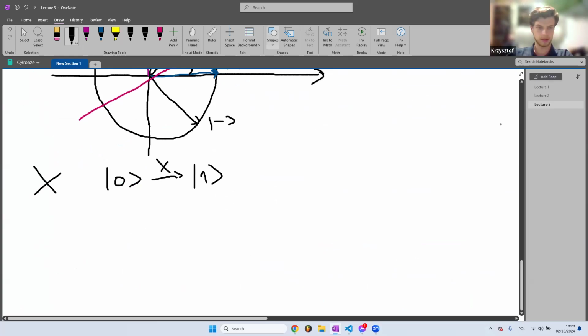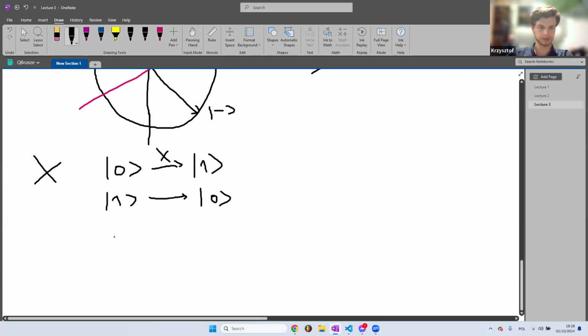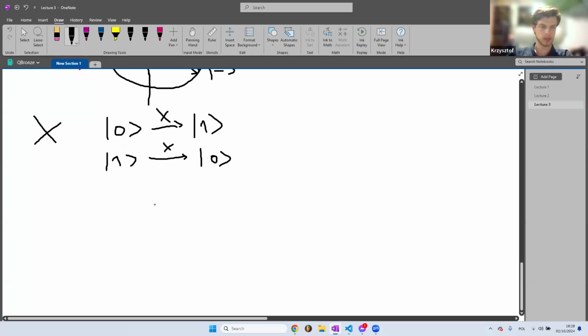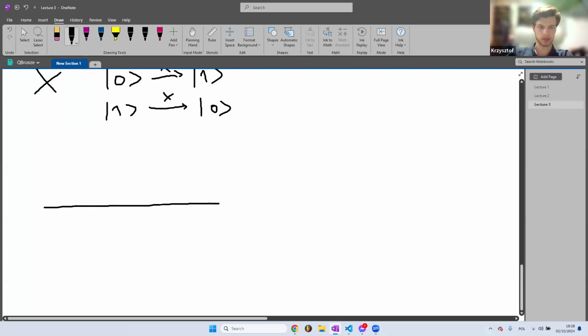And the 1 state is transformed to 0. So let's draw this once again on the unit circle and see what we can get.